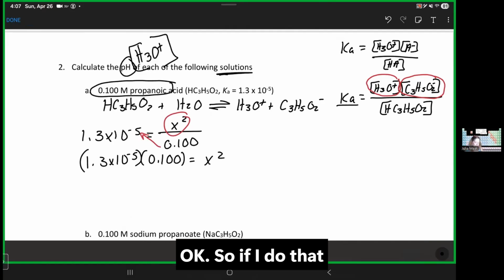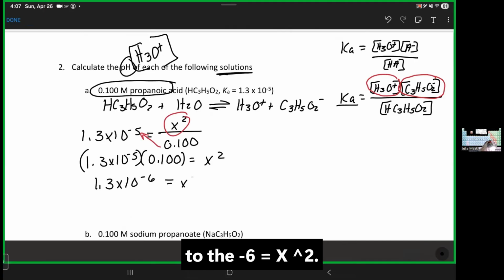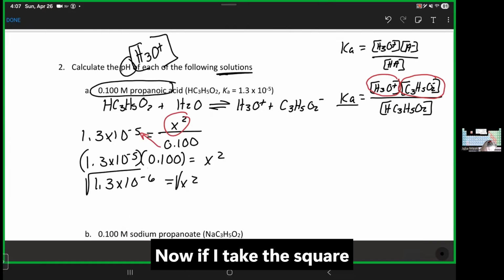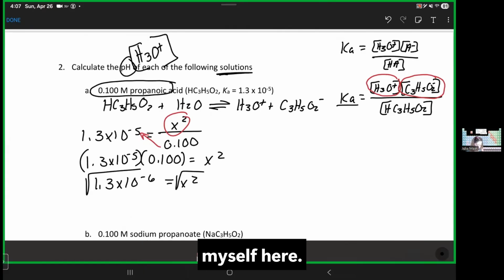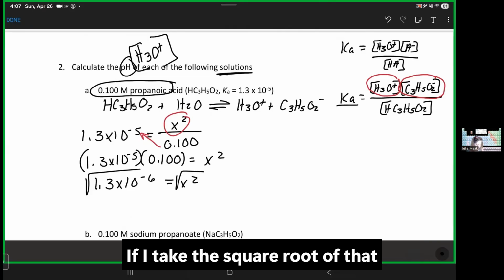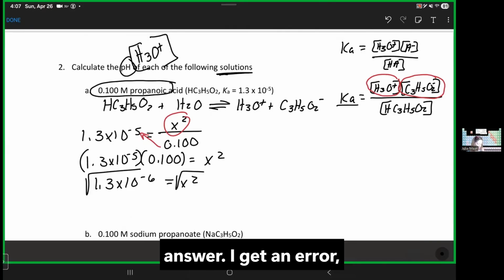Okay, so if I do that math, I get 1.3 times 10 to the negative 6 equals x squared. Now, if I take the square root, let me double check myself here. If I take the square root of that answer, I get an error.